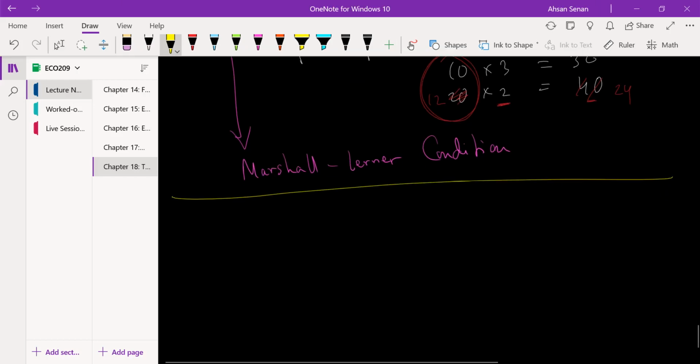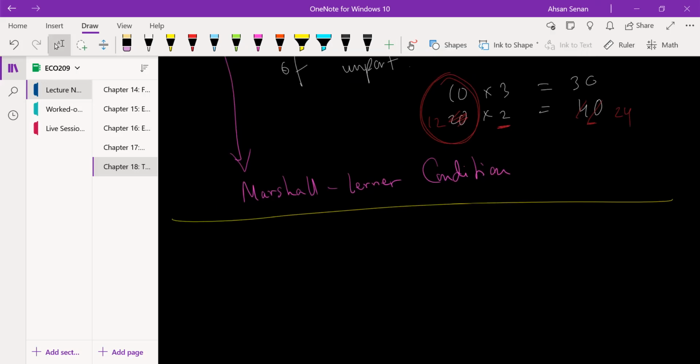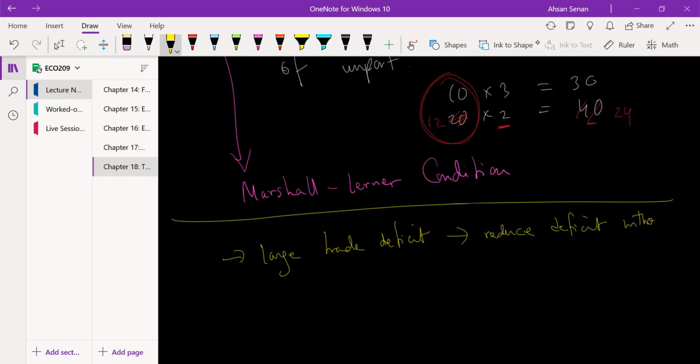Okay, so let's take a look at another case study. Suppose a country is operating a large trade deficit. Okay, and they want to fix this. They want to reduce their deficit without changing Y. Okay, so that's what they want.